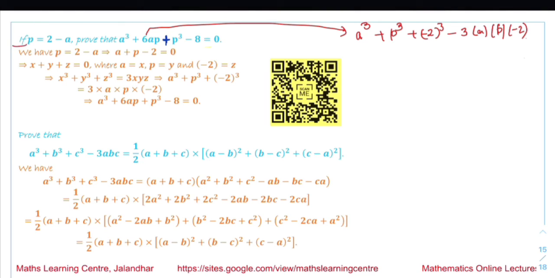It is given to us that p is equal to 2 − a. It means we are talking about 2 − a − p is equal to 0. This is given to us, and we have to prove that this term is equal to this. So this is the value of x, y and z. So what is the value of x + y + z?